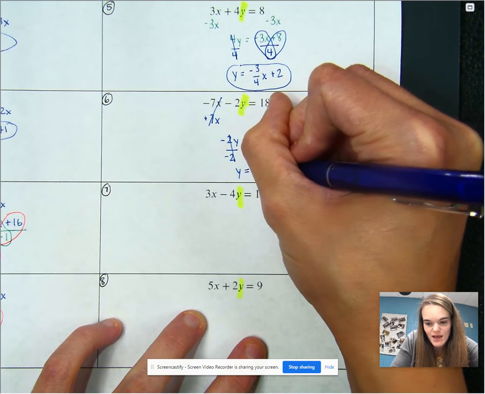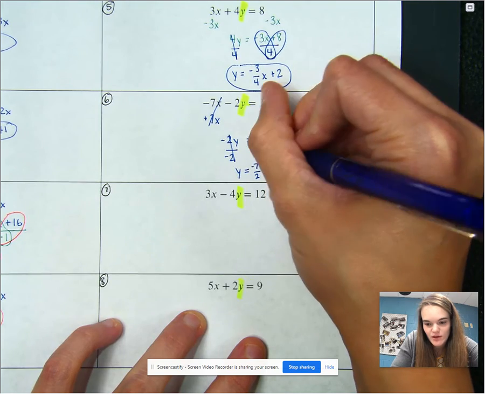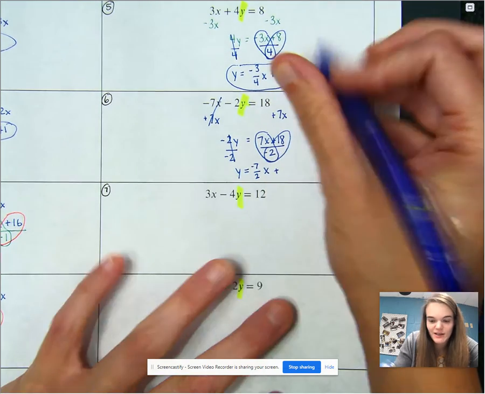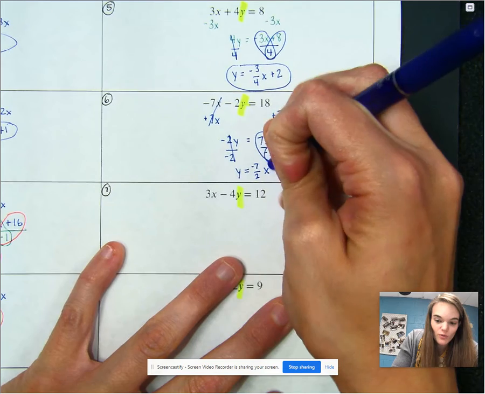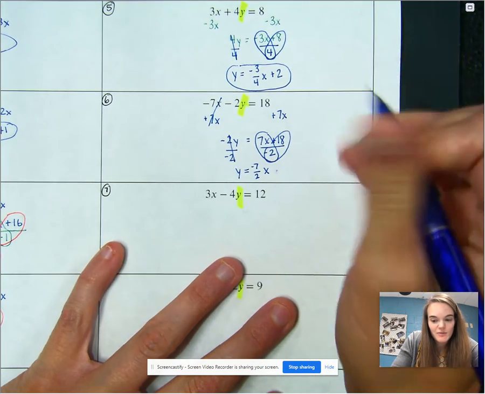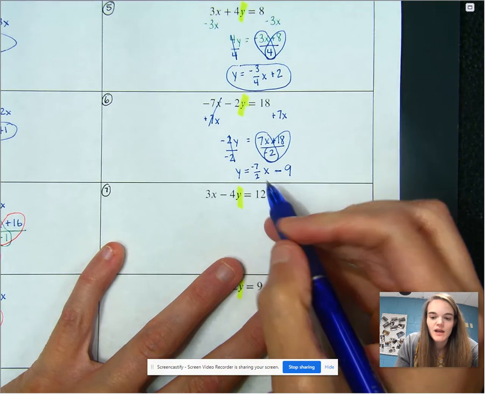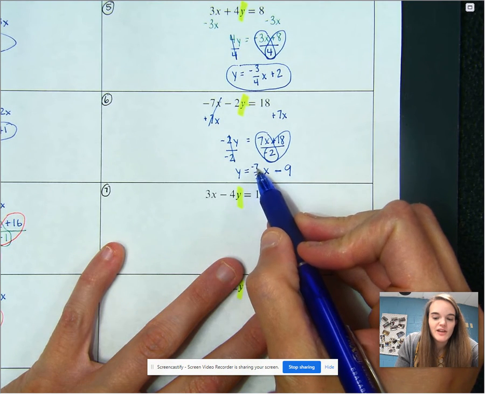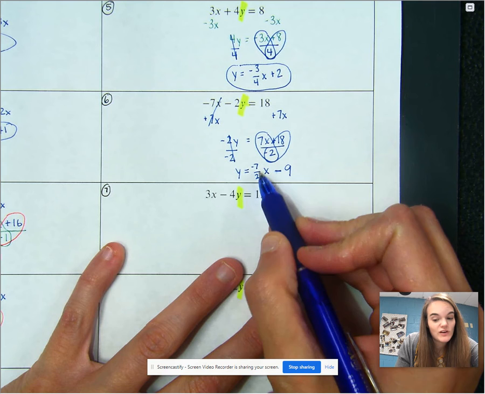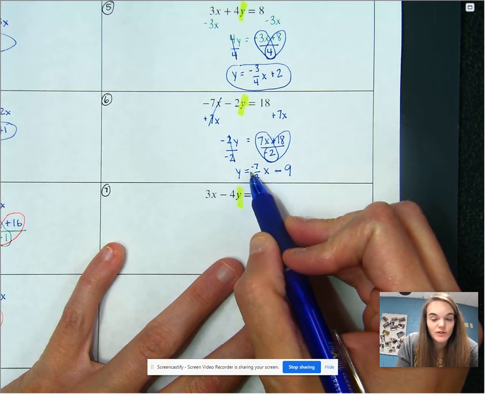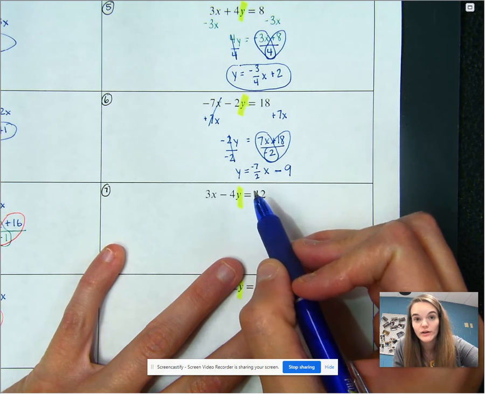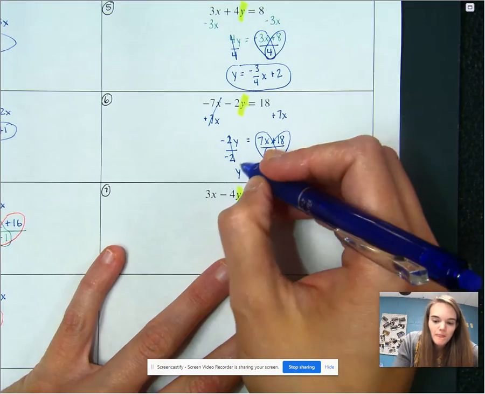Negative 7 over 2 x plus 18 divided by negative 2. Sorry, I wrote things too early. 18 divided by negative 2 is negative 9. By the way, it doesn't matter if it's negative 7 over 2 or 7 over negative 2, or you just got a negative floating out here. As long as there's a negative somewhere, that's correct. Okay?